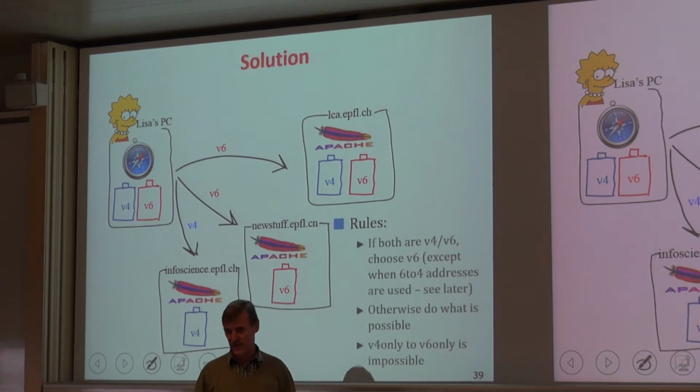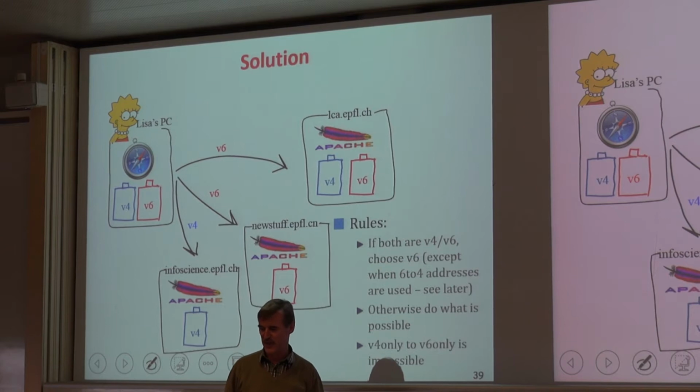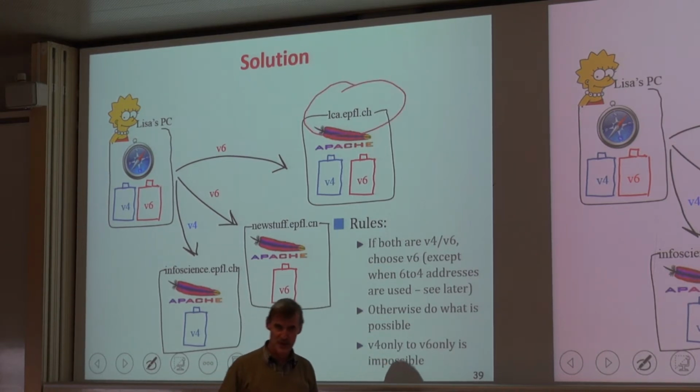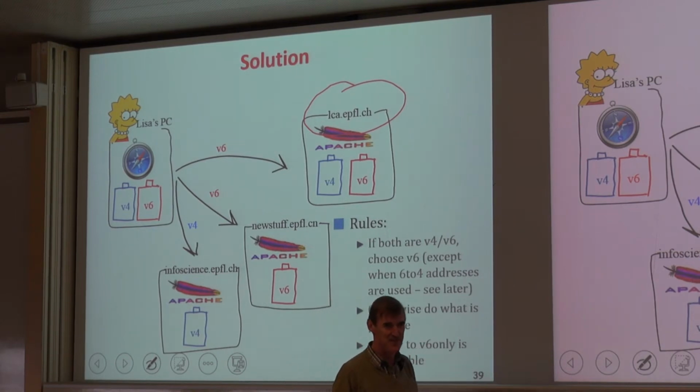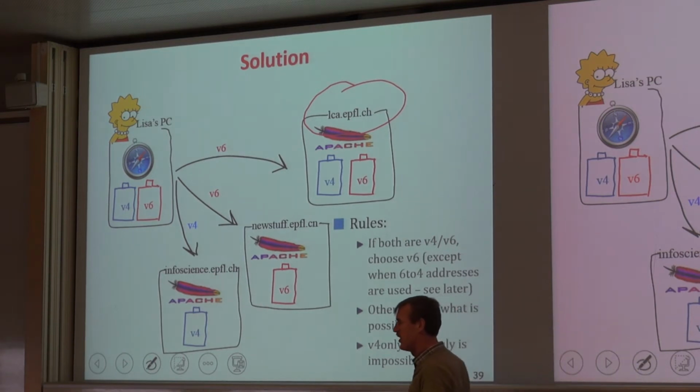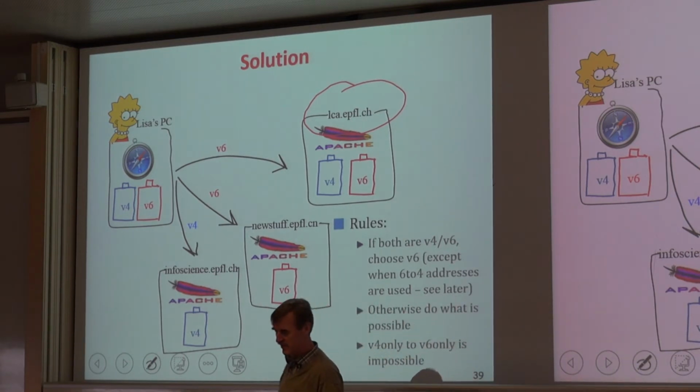If both servers support IPv4 and IPv6, that is the case for that one, in principle, you will use IPv6 by the dogma that what is new is better, which is generally true for software, except if it's very new.